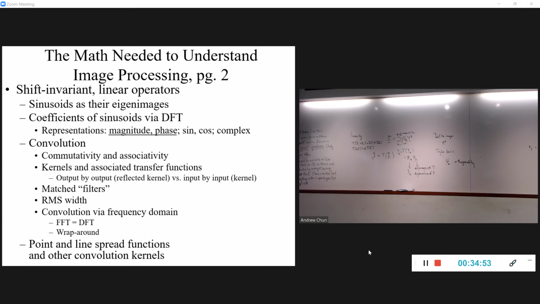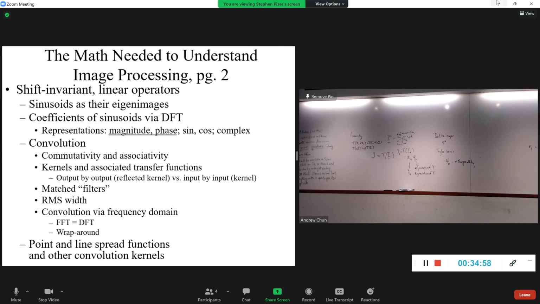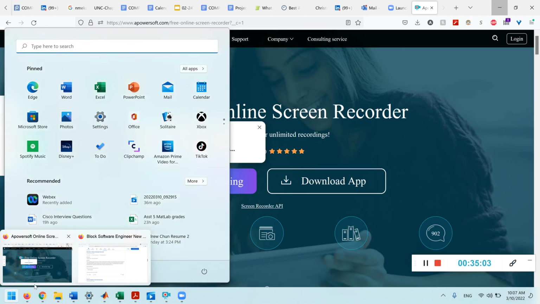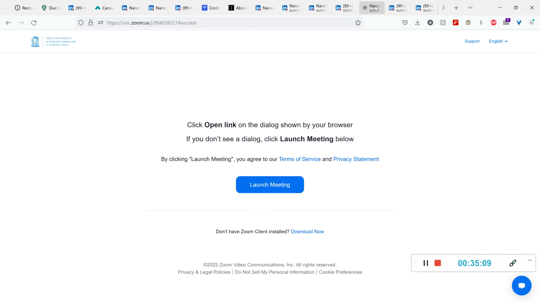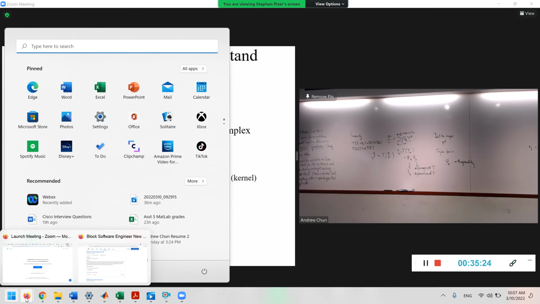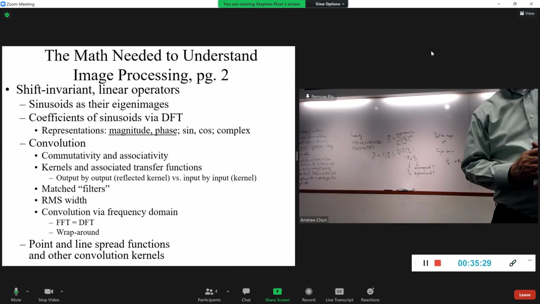And then we have this algorithm for turning an image into its coefficients. And for the sinusoids, that's called the discrete Fourier transform, DFT. And then we have a very special, computationally very useful form of that DFT algorithm, which uses divide and conquer ideas and is called the FFT, the fast Fourier transform. But it's just DFT. It's just a very special algorithm for computing a DFT.